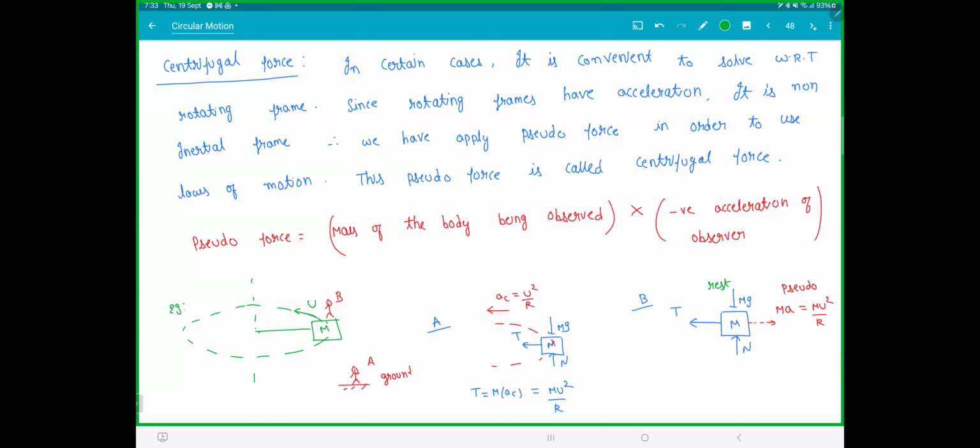B thinks block is at rest. If you're standing on the block, you think it is not moving. And he will say tension minus m u square by r, the pseudo force, is mass into acceleration, which is 0. Therefore, he will say tension is equal to m u square by r. End of the day, you get the same answer.